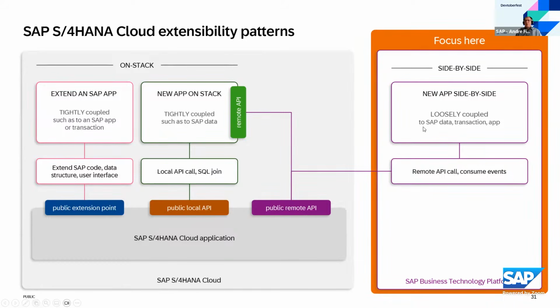For example, you want to build applications for users that you don't want to have on your ERP system itself. Then you can use the SAP Business Technology Platform for that. And especially, it's also possible to use such side-by-side applications using the ABAP environment.